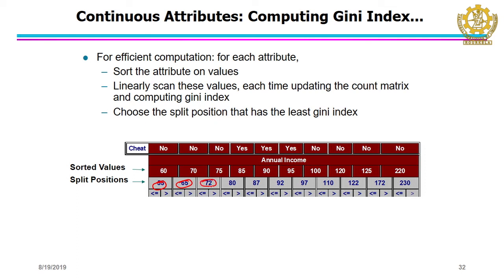How many objects have income lesser than or equal to 72, or more than 72?